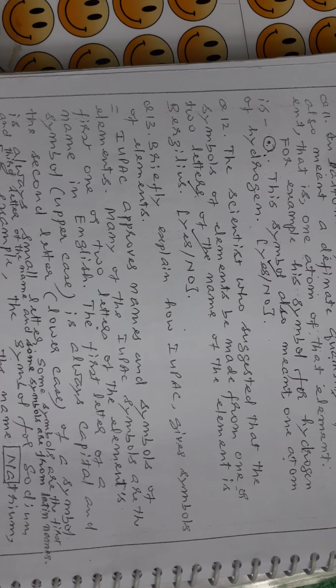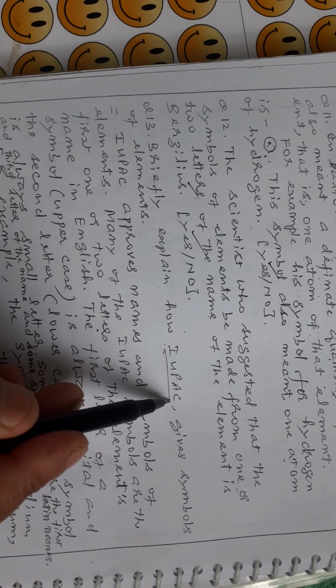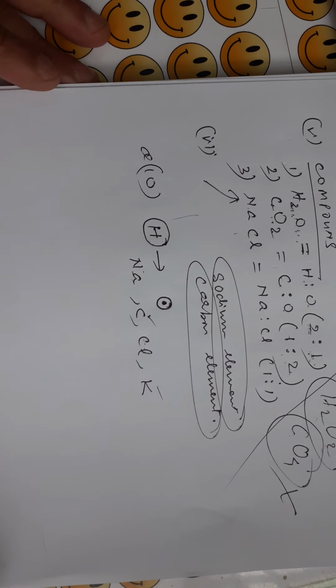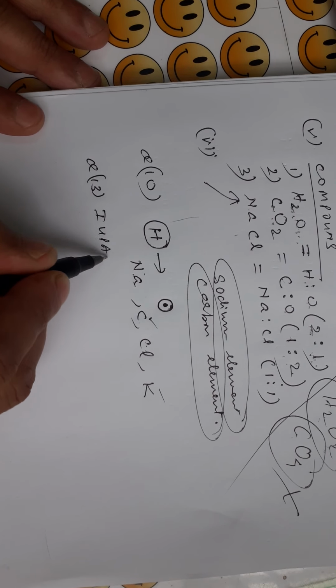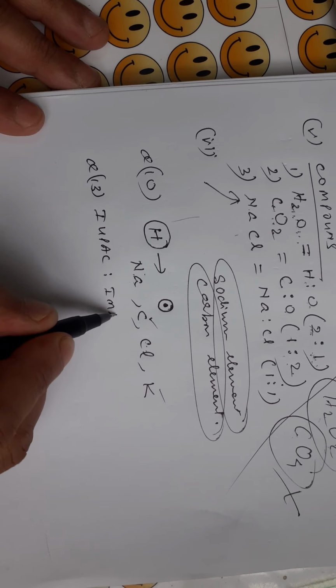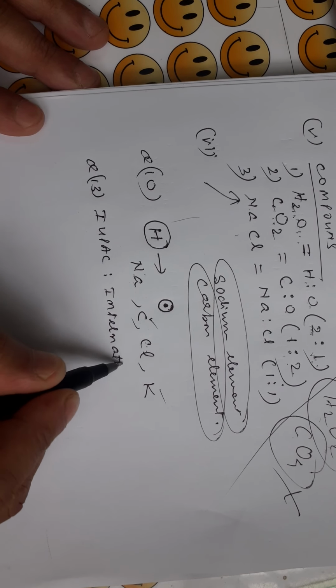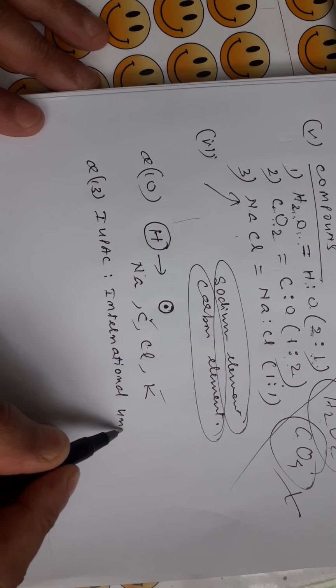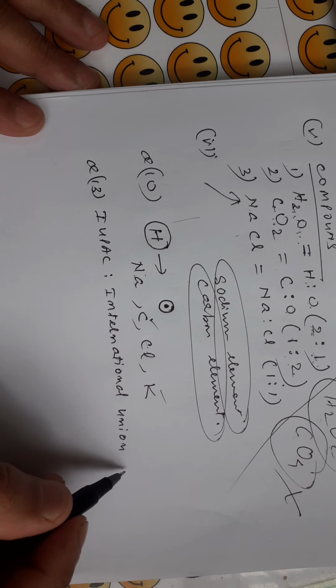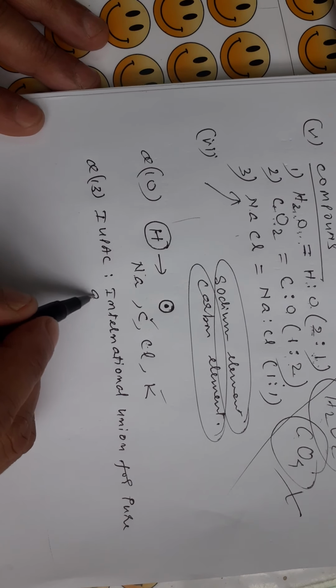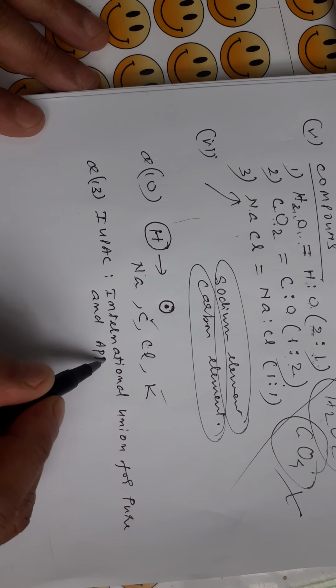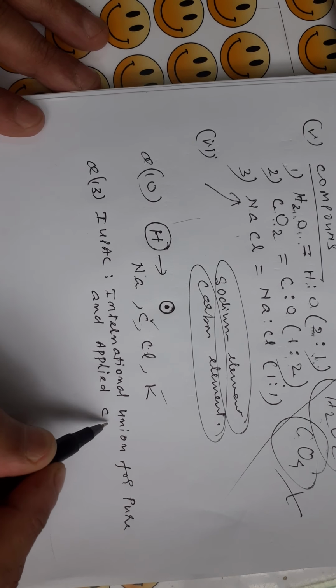Now, a very important question, simple, but just go through this. Briefly explain how IUPAC gives us symbols for elements. Question number 13. IUPAC means, you can write it down on your copy, International Union for Pure and Applied Chemistry.